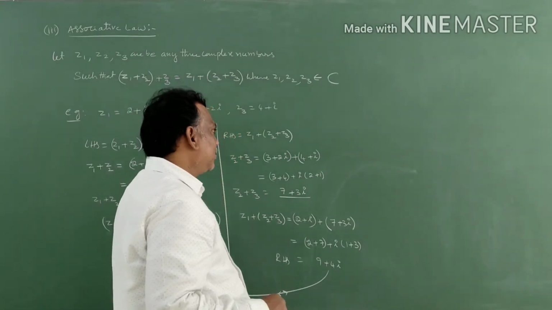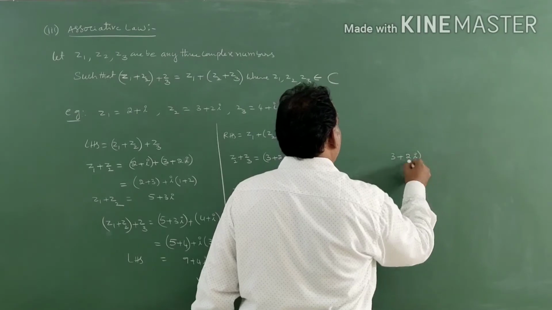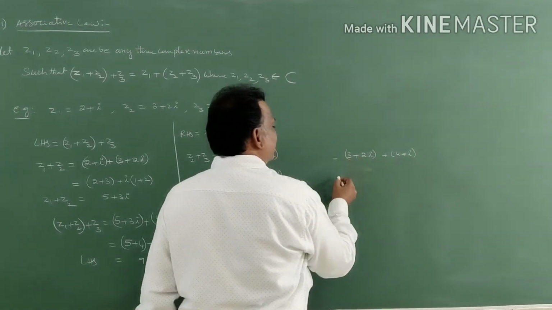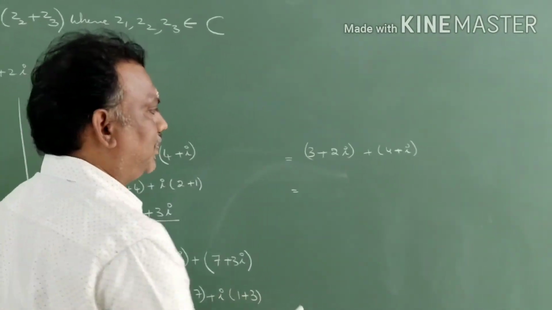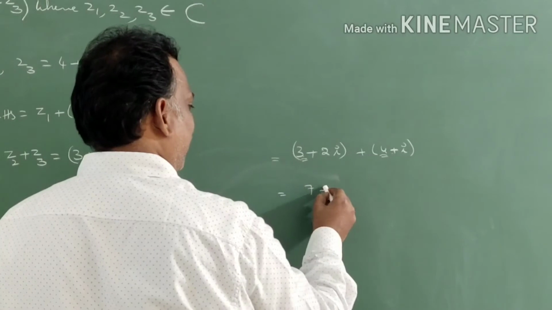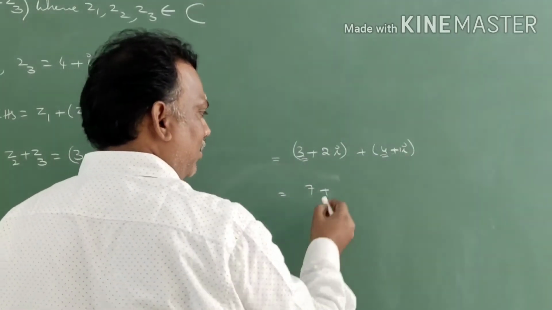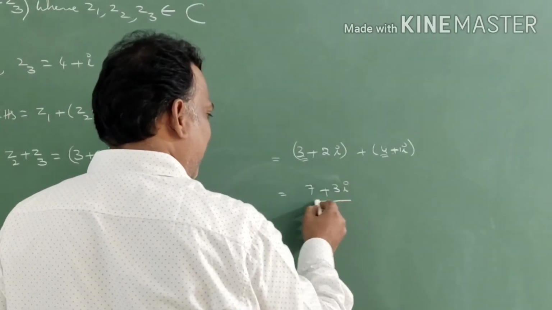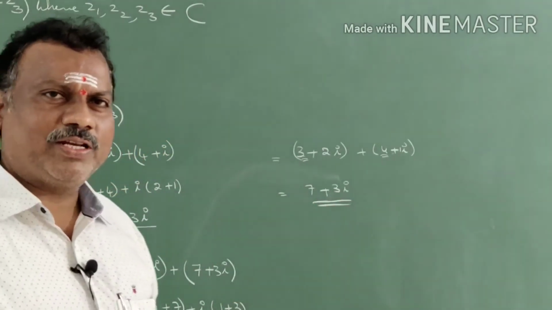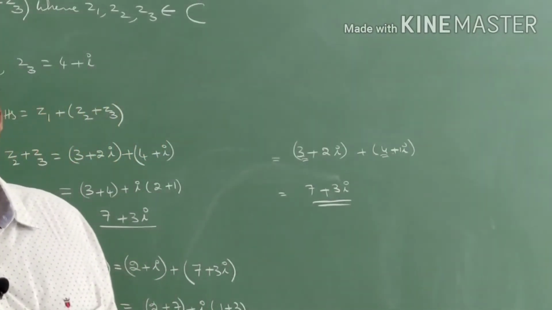Here you remember, students, adding 3 plus 2i plus 4 plus i, we can add directly also, no problem in that. This is 3 and this is 4, 3 plus 4 is 7, and i is there 2 times plus 1 time, so totally i is 3 times. Like that also we can add. But why are we saying sum of real parts plus i times the sum of imaginary parts?